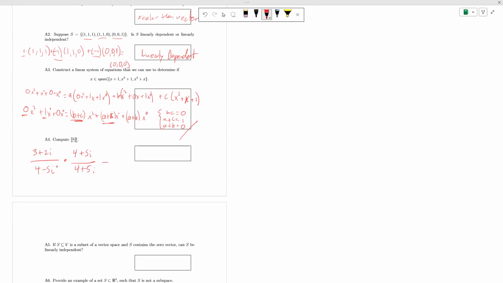And now if we expand the top, we're going to get 12 plus 8i plus 15i minus 10 over 16 plus 25, which equals 2 plus 23i over 41, which is equal to, we separate it, 2 over 41 plus 23 over 41 i.